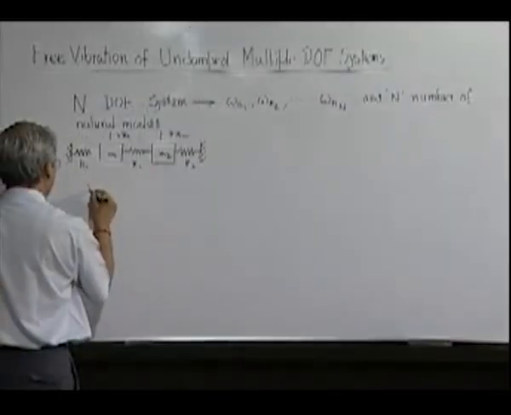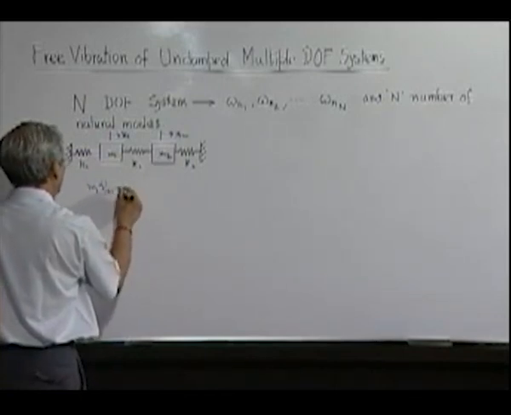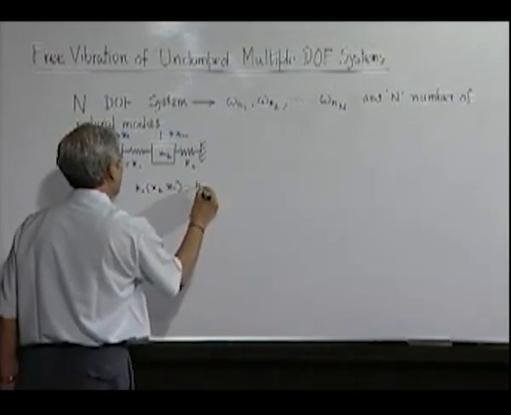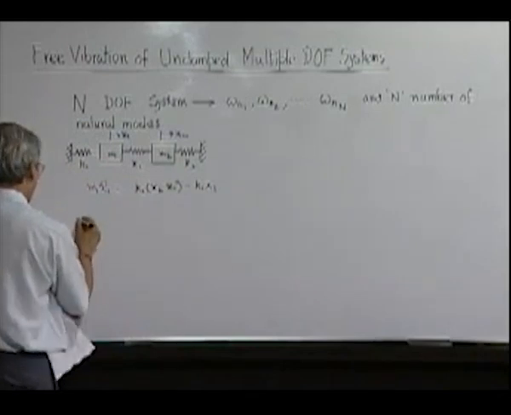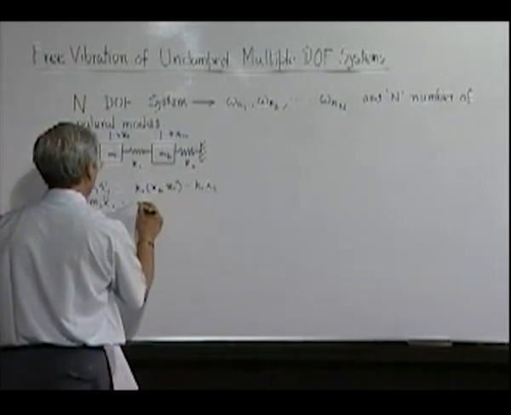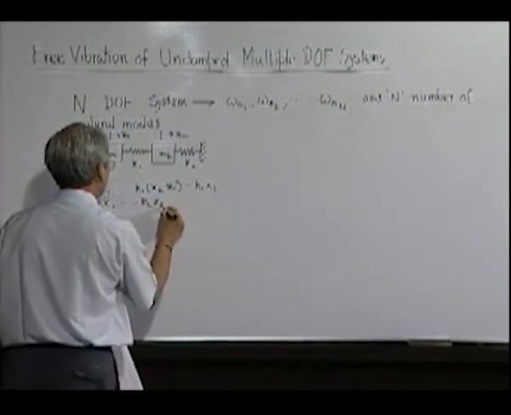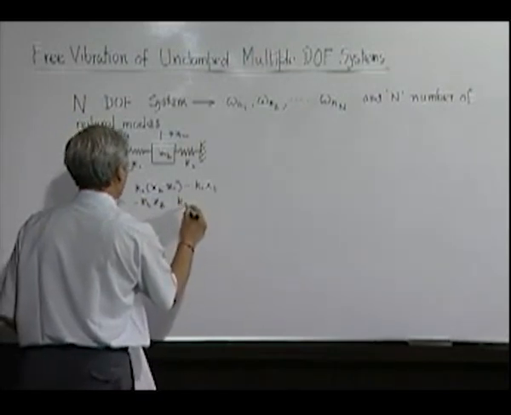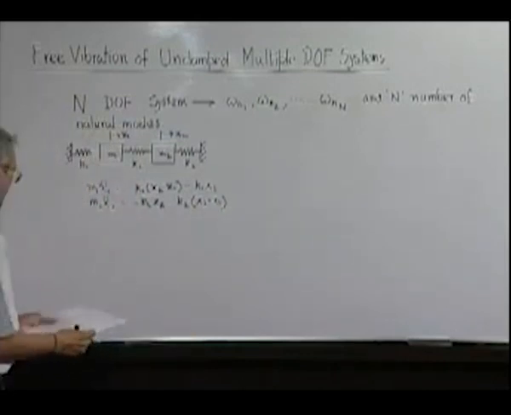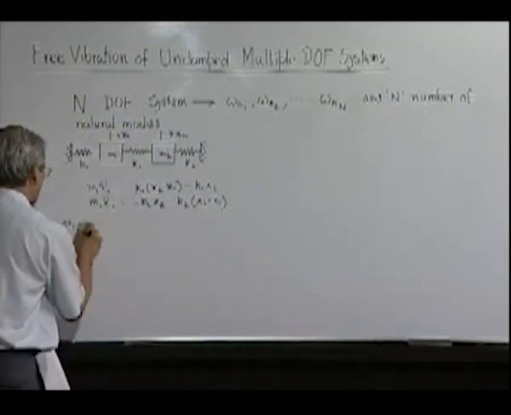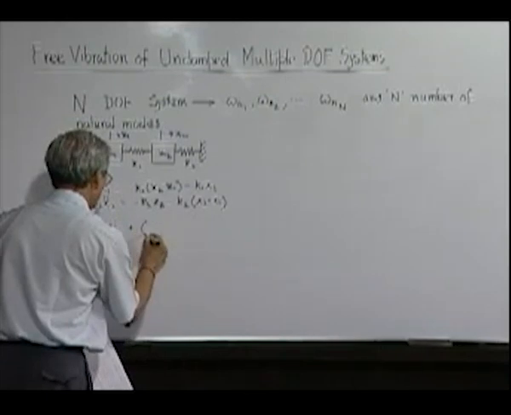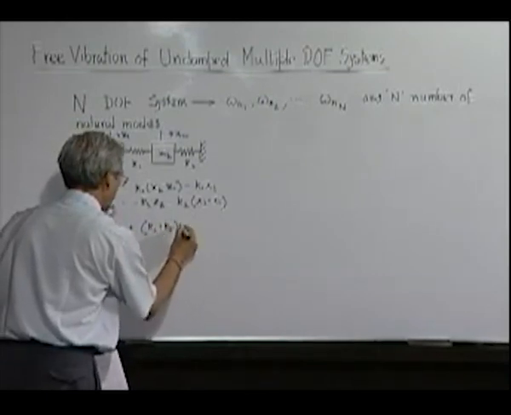Equations of motion will be m1 x1 double dot equal to k2 (x2 minus x1) minus k1 x1, and we can reorganize and finally write the same thing as m1 x1 double dot plus (k1 plus k2) x1 minus k2 x2 equals 0. We have done this before.